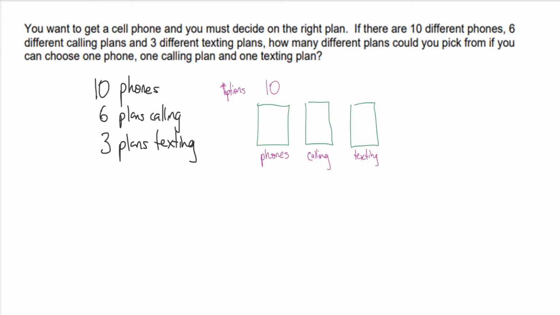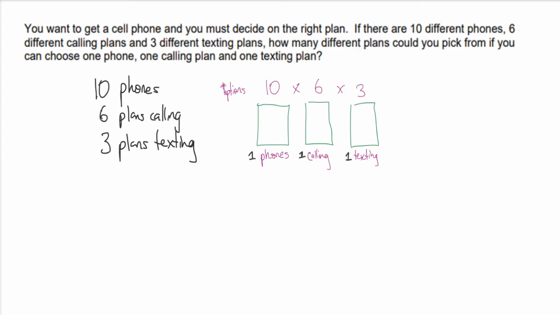And so let's say we are just choosing one phone, one calling, and one texting, right? For each spot, there are 6 options for calling, and there are 3 options for texting, right? Your intuition might have already told you, you just multiply them, right? Let's think about the math behind that. Are they choices that are happening at the same time?